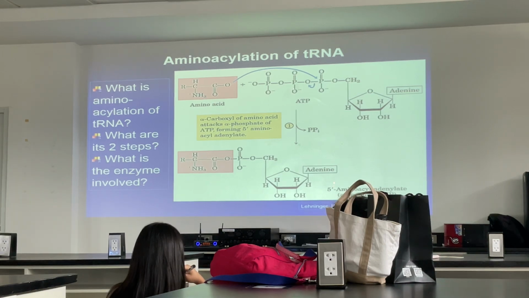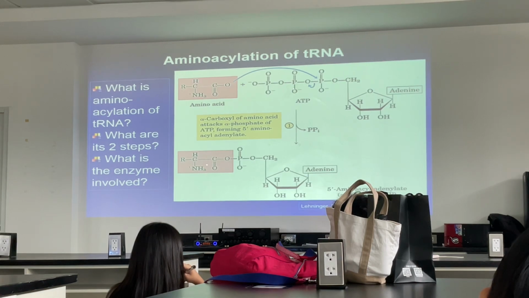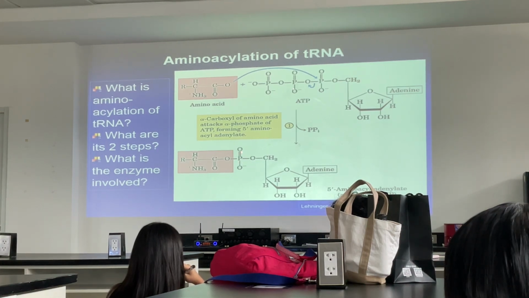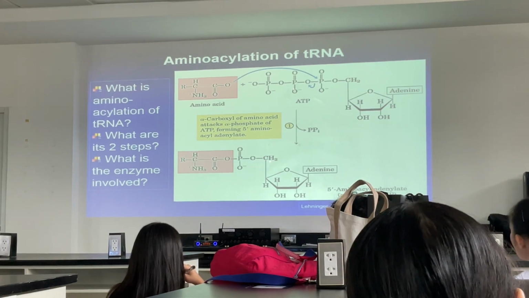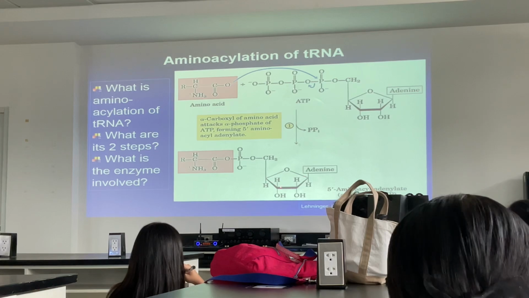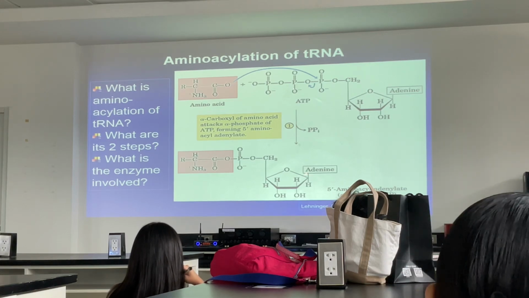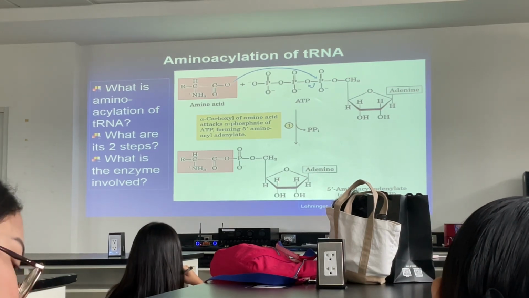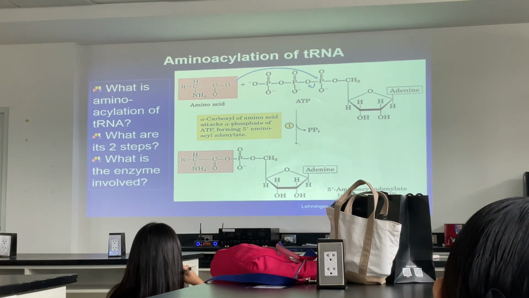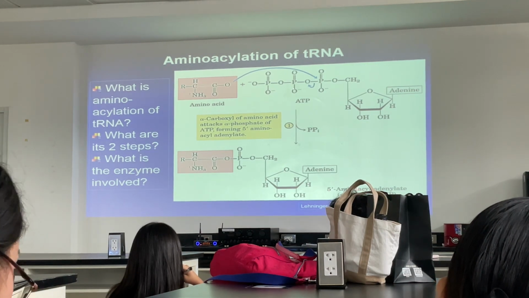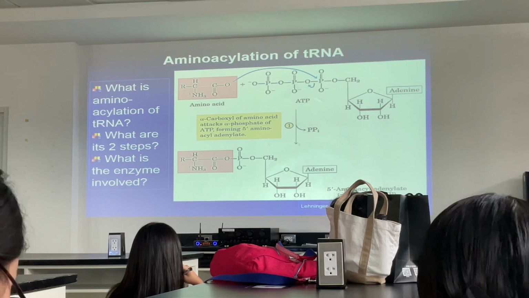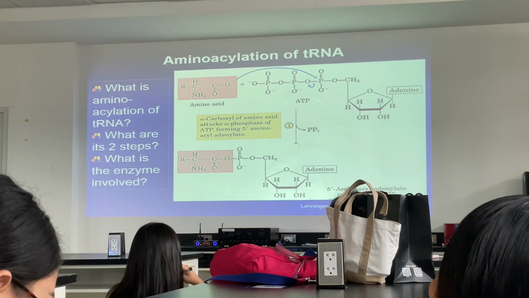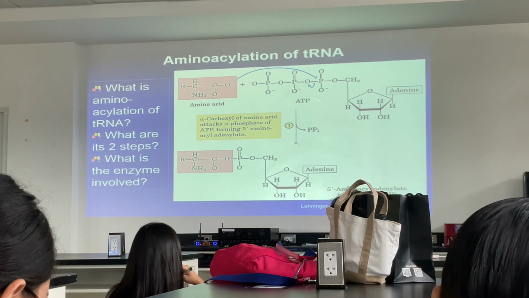Why 5 prime? Because the amino acid is attached to the phosphoryl group, and in turn the phosphoryl group is attached to the 5th carbon atom in the ribose sugar in your adenosine monophosphate. That's why it's called 5 prime aminoacyl adenylate, or aminoacyl adenosine monophosphate.